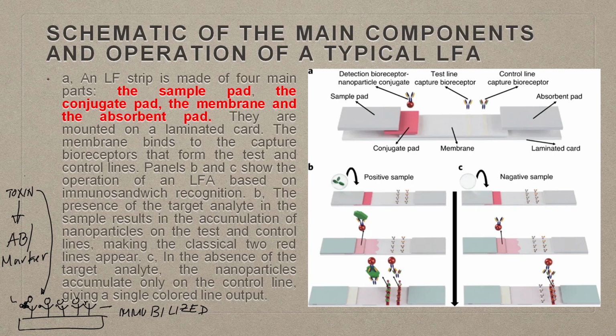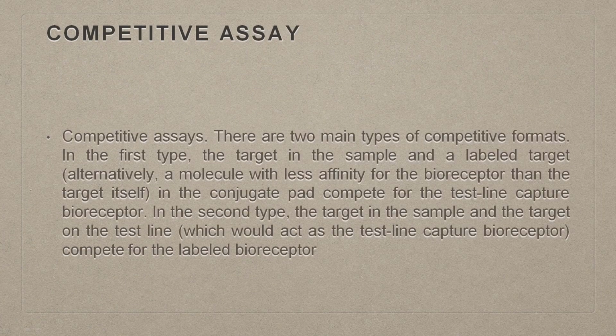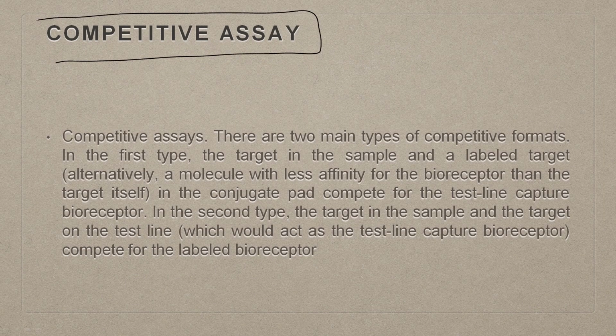You have, very similar to the toxin, another antigen which is a weak binder. It goes there and binds weakly on the surface. Now when you put the toxin, it competitively displaces the weak binder, leading to what we call a competitive assay.